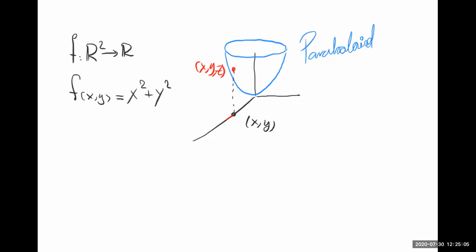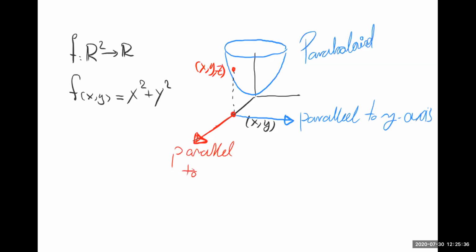One of them is I can walk in the x direction. You see, y is not changing if I walk in the direction of the red arrow, right? I'm walking in the x direction. There is another direction, walking in parallel to y. I can walk in the y direction, right? Parallel to the y axis. Or I can walk parallel to the x axis.